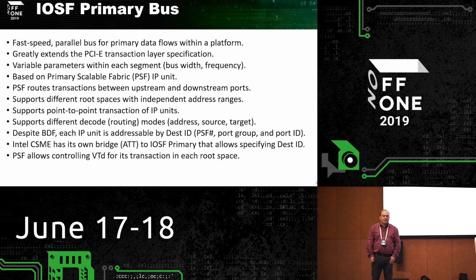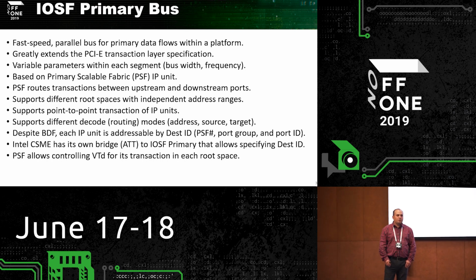Within IOSF Primary, the routing is done absolutely differently. For each transaction, its method of routing is set, the so-called destination ID, or DEST ID, as it's called in some datasheets or patents. And it's also important that this destination ID determines a specific PSF where this transaction has to arrive.